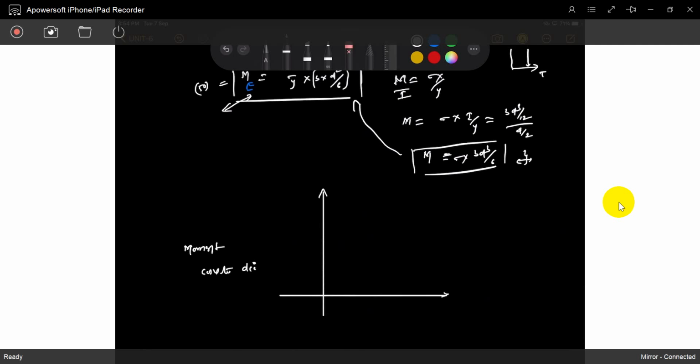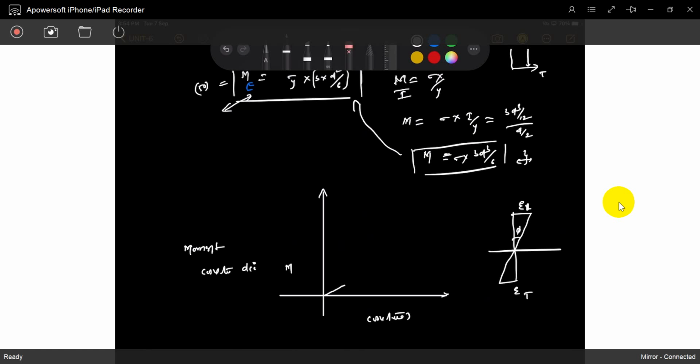Up to small moment, this is the curvature. This is the strain in the compression region, and this is the strain in the tension region. If you take an irregular I shape, both are different.